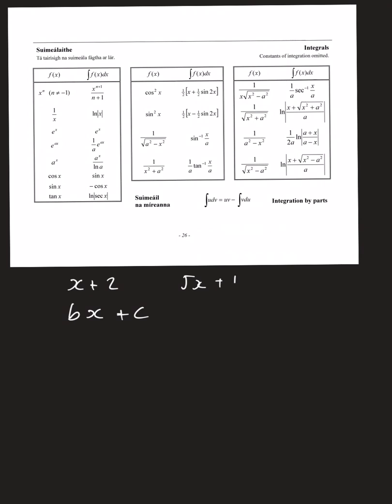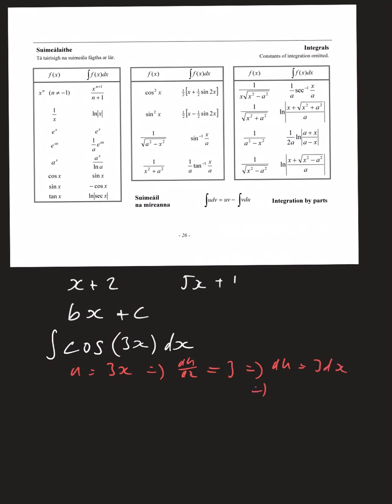For example, if I want the integral of cosine of 3x dx, I'll do this one with a substitution just to show you how it works out. So let's say that I let u equal to 3x, then du dx would be equal to 3, du would be equal to 3 dx, or dx would be equal to 1 over 3 du.